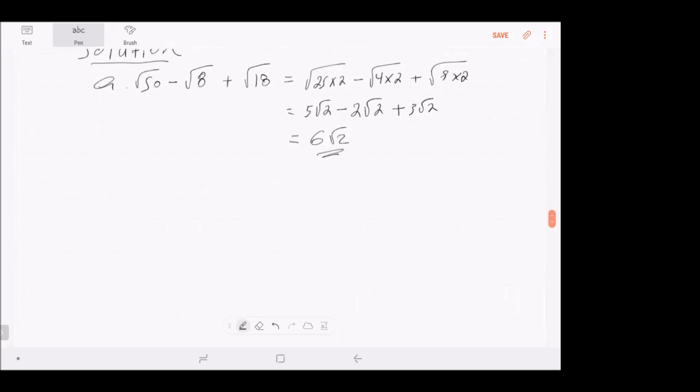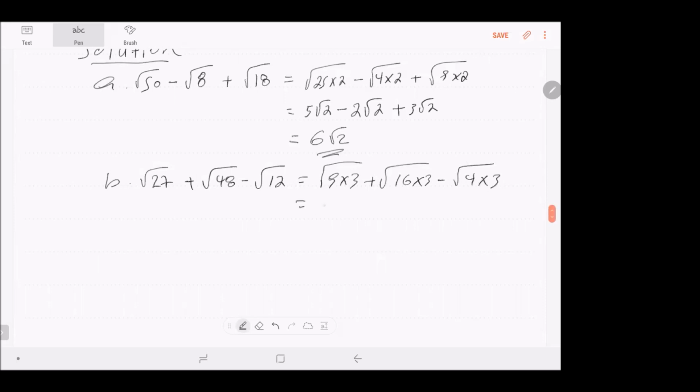Yes. Okay. Let us go to B. We are given the square root of 27 plus the square root of 48 minus the square root of 12. When we write these as products of one perfect and one non-perfect square, it is 9 times 3 plus 16 times 3 minus 4 times 3.